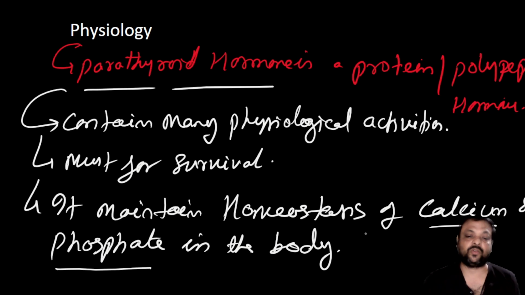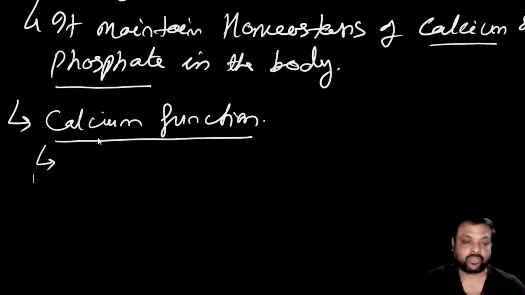Got it? As we know, calcium has many physiological activities. Let's discuss why calcium is the most important element in our body and what its physiological roles are. Then we'll go into the action of this particular hormone. So let's discuss the basic functions of calcium, as calcium is the main element in the body.